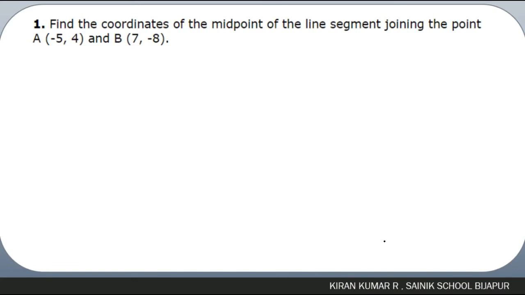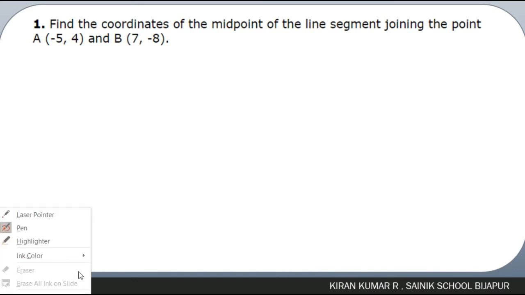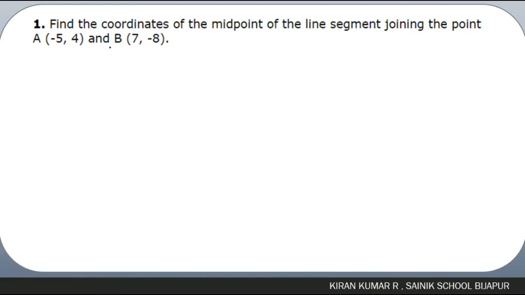The first question here is find the coordinates of the midpoint of the line segment joining the points A and B. The A coordinates are -5, 4. B coordinates are 7, -8. So let me consider M(x, y) to be the midpoint of AB.